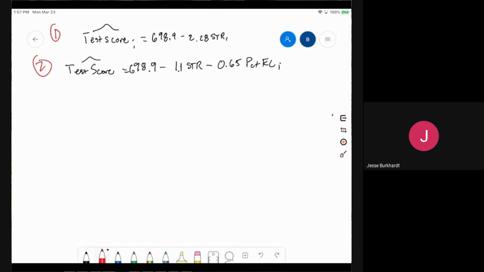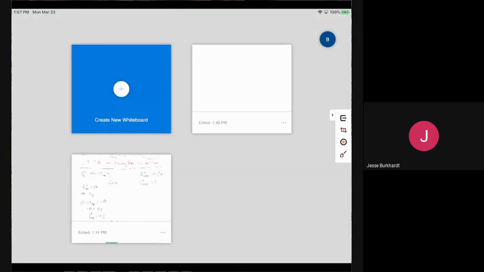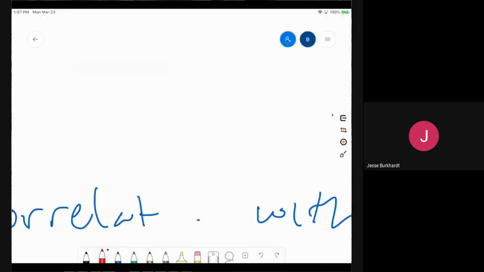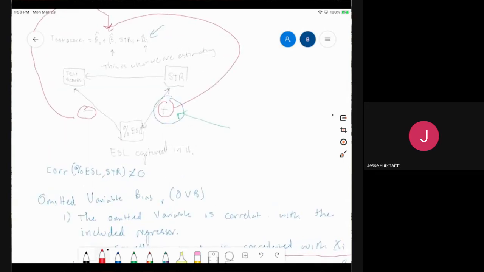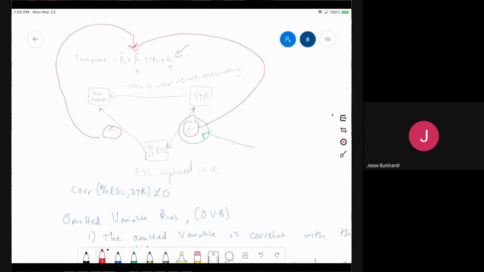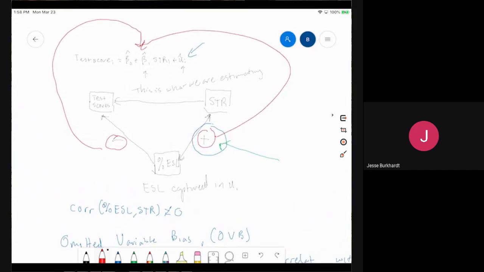Let's go back and look at what we argued before. We argued that student-teacher ratios are causing a change in test scores. But we also argued that student-teacher ratios are positively correlated with the percent of ESL students in the classroom. That's the positive correlation where I have a green arrow pointing to it from last time.